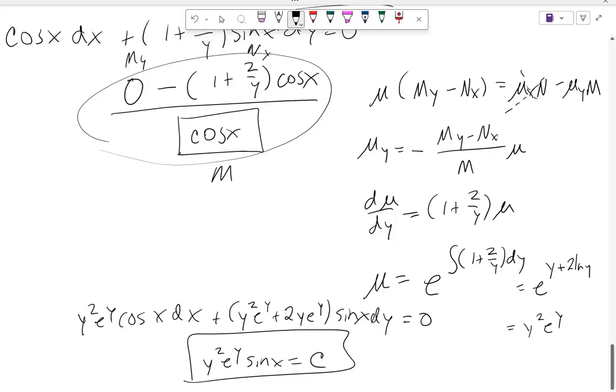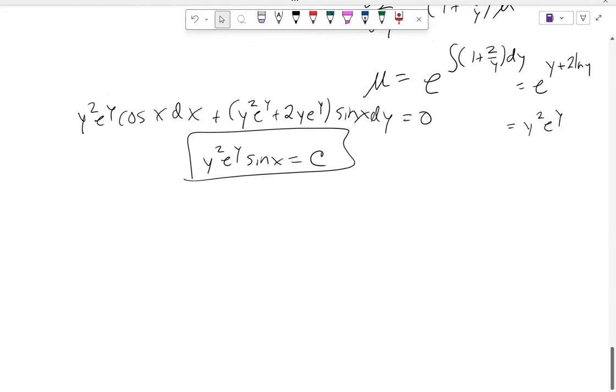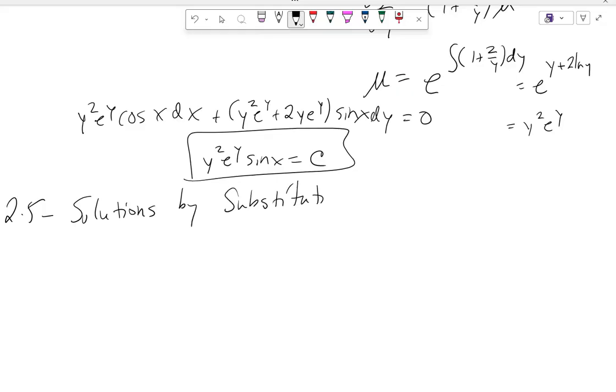Okay. All right. I do want to start our substitution methods, which is section 2.5. There are problems that you come across that you can't solve with any of the methods that we've talked about, at least in the form that they are in.